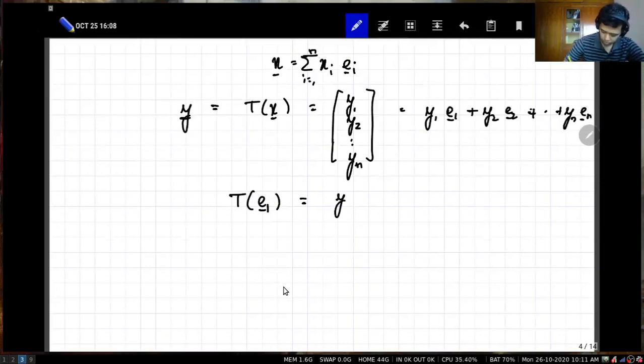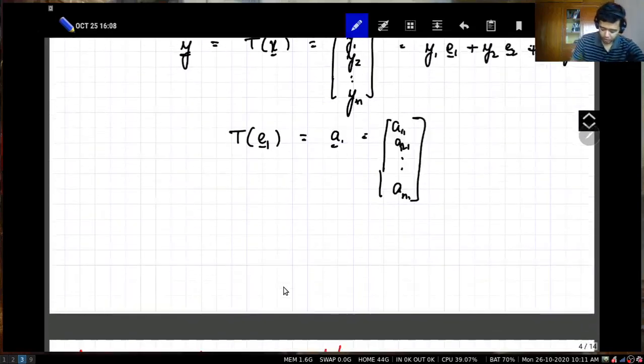Suppose that T of e1 is equal to some vector a1, which is a11, a21 up to an1.